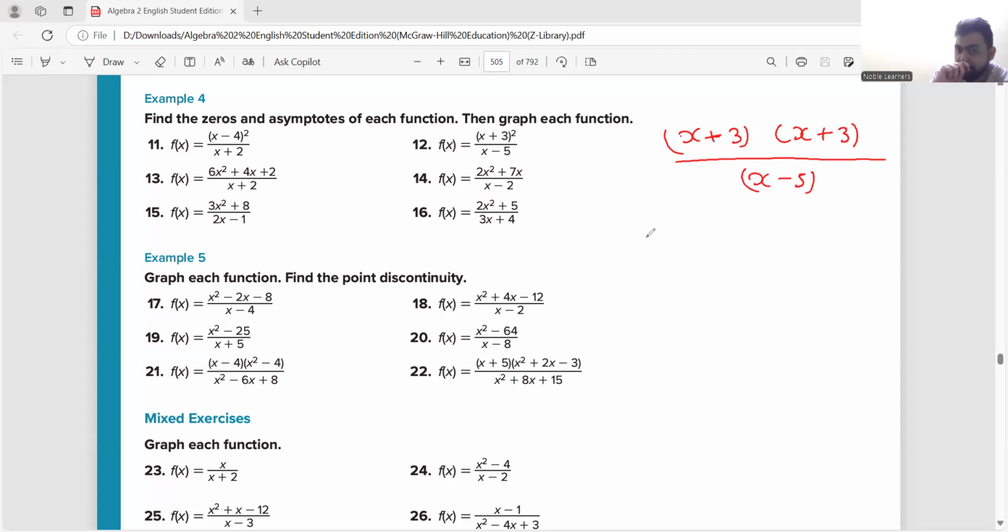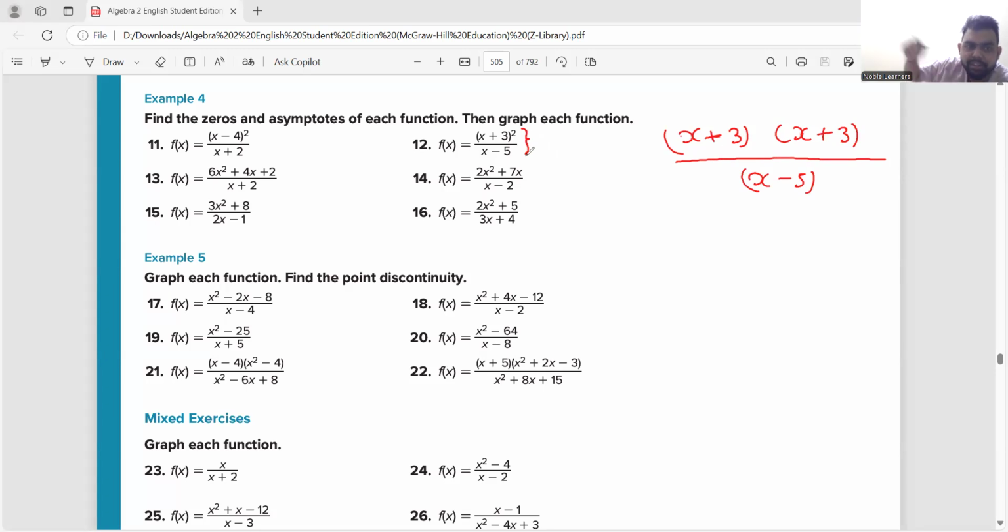Then x minus 5. By the way, what is the horizontal asymptote for this? The degree of the numerator is 2, and the degree of the denominator is 1. What is the horizontal asymptote?